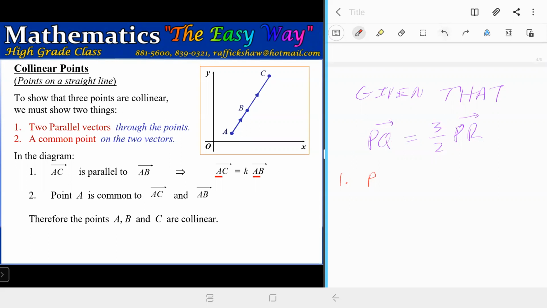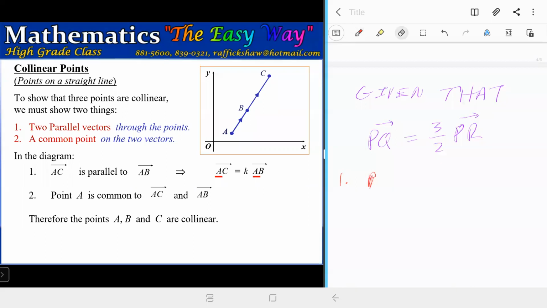Simple as that. When 2 vectors are parallel, one of them equals a number times the next one. Once you have that relationship, one vector equals a multiple of the next vector, it means that they are parallel. That's the reason. You understand? So since PQ is a multiple of PR, it means that they are parallel.